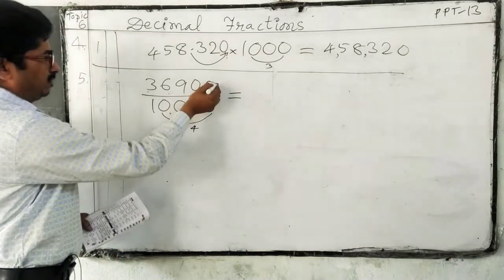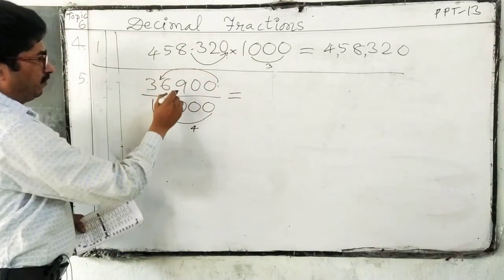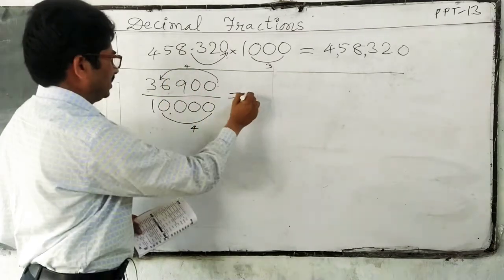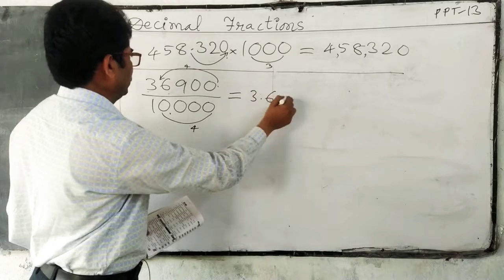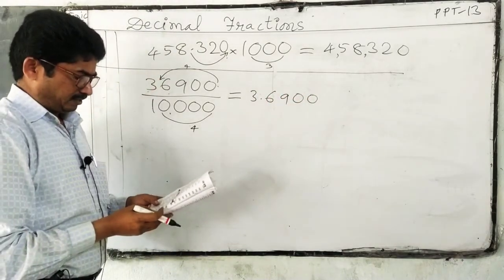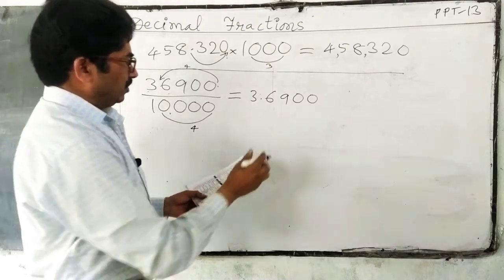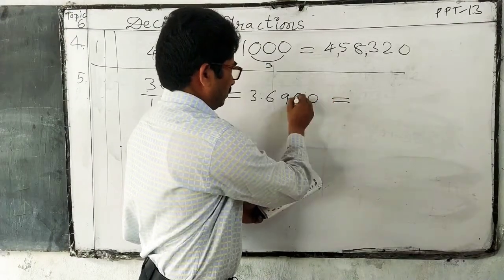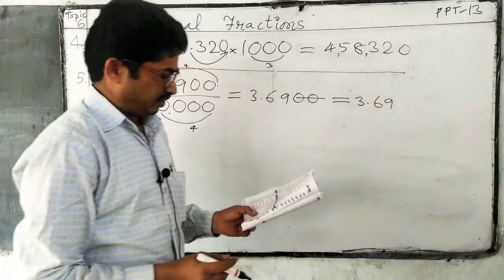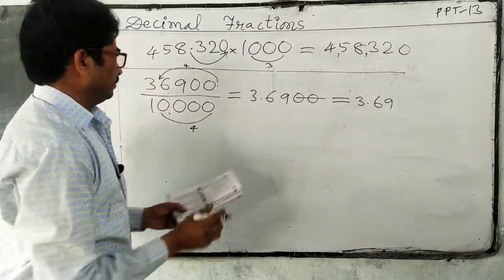We shift the decimal to the left by 4 places. 1, 2, 3, 4 places. So answer is 3.6900. So this is equal to 3.69 only. So option is 3.